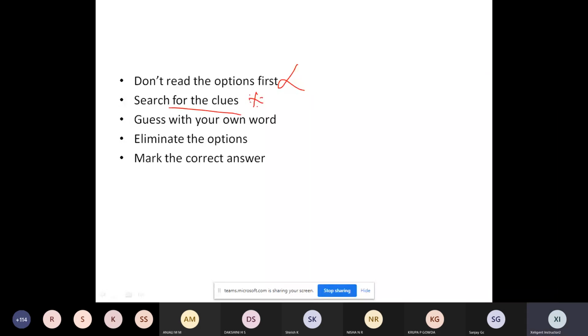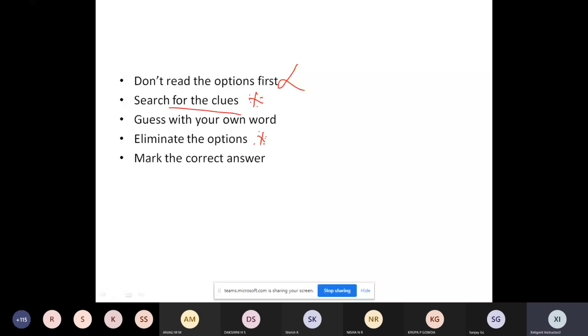Okay, next one is guess with your own words. This is step 1, right? So you have to guess with your own words. This has also been put up as an instruction. Next, eliminate the options. This is an approach, a technique, eliminating the options. This technique is not only going to help for sentence completion, but also all other topics.